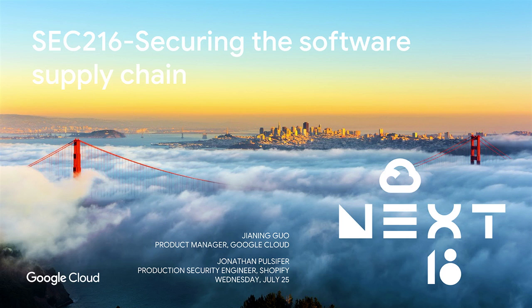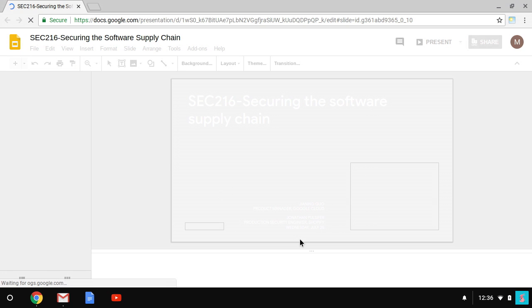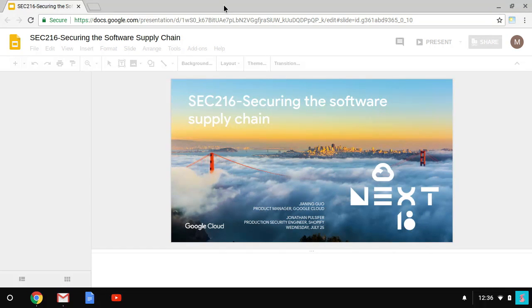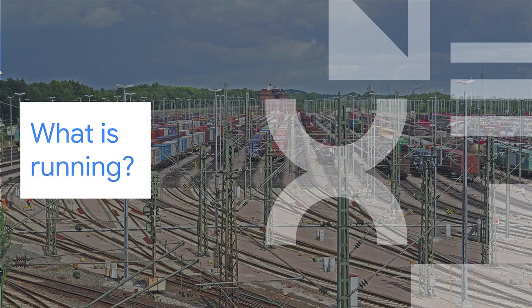So what is one of the top questions that DevOps and security stakeholders at enterprises have on their mind? What is running? Enterprises run thousands of services in their production clusters across multiple environments.